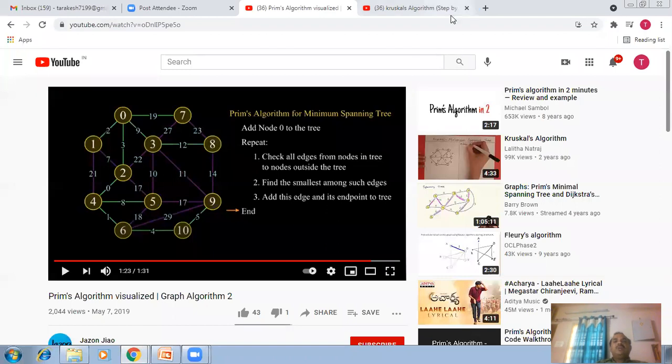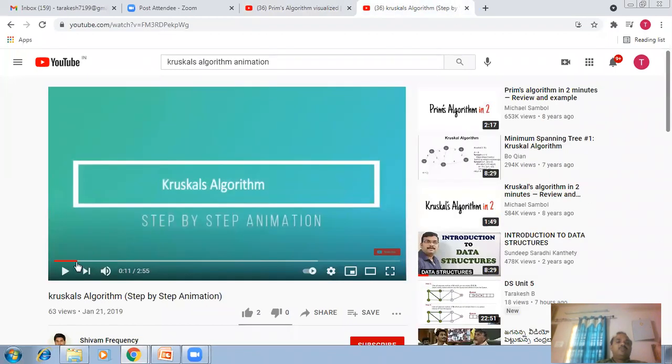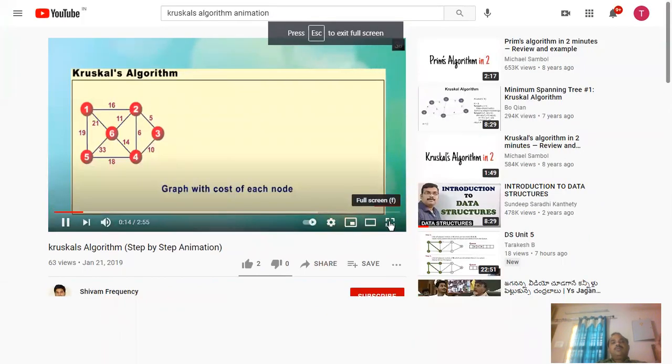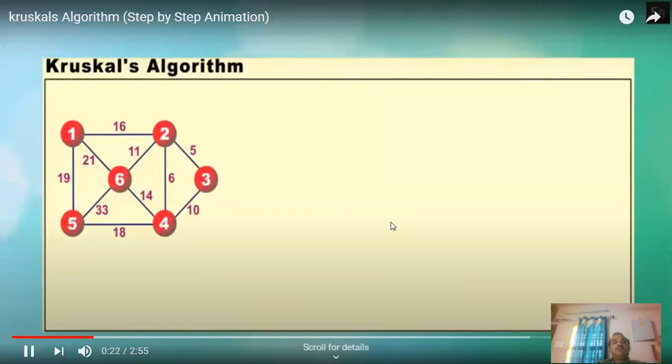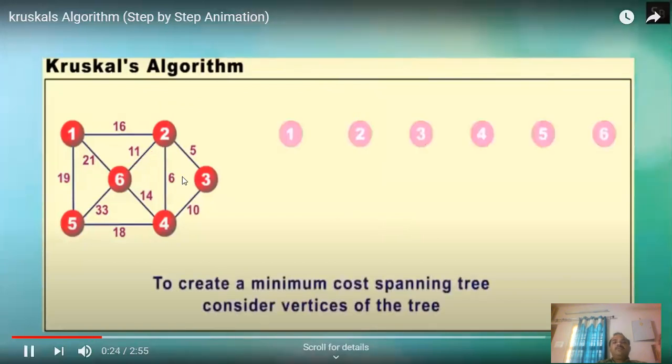Our next one is Kruskal's algorithm. This is the graph. How many edges are there? 6 edges.